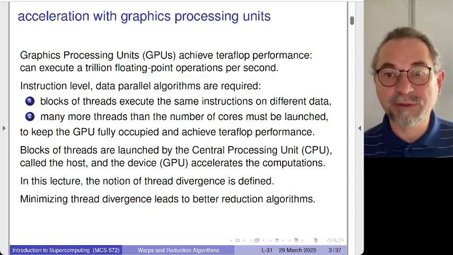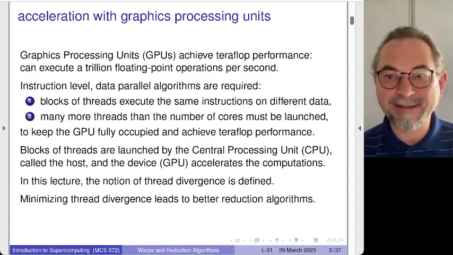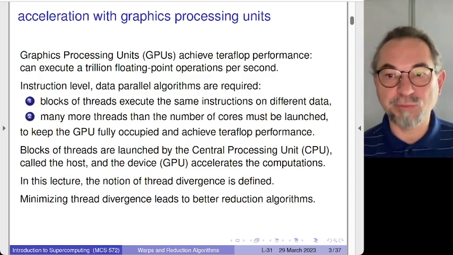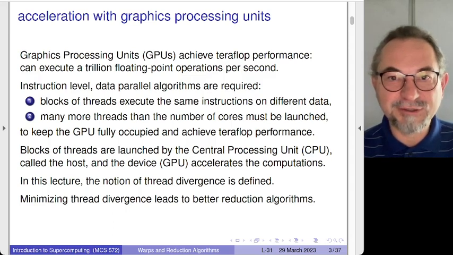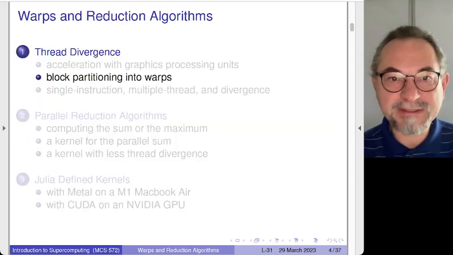And the peak bandwidth performance on modern high-end GPUs is also expressed in terabytes per second. Also 1 trillion bytes that can be moved around per second. Okay, so this was GPU acceleration in 2 minutes.